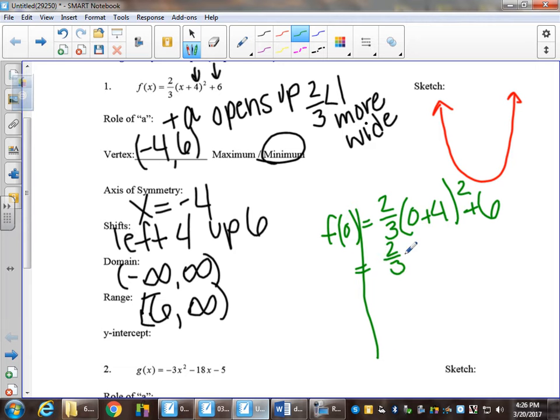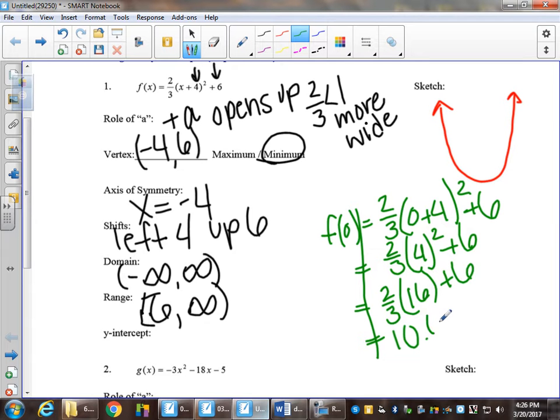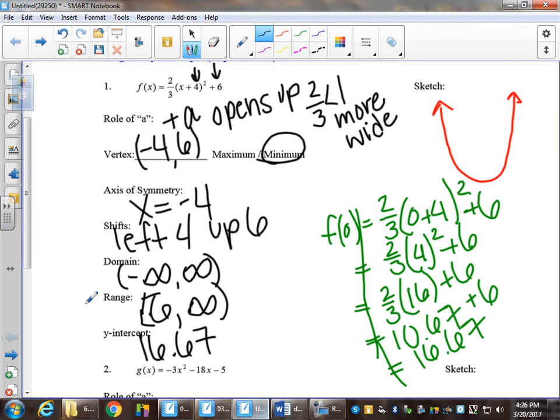So we're going to have 2/3 times 4 squared plus 6. 4 squared is 16. 2/3 times 16 plus 6. 2/3 times 16 is 10.67. 10.67 plus 6 gives you 16.67 as your y-intercept. Okay, so that's how we find all the characteristics given vertex form.